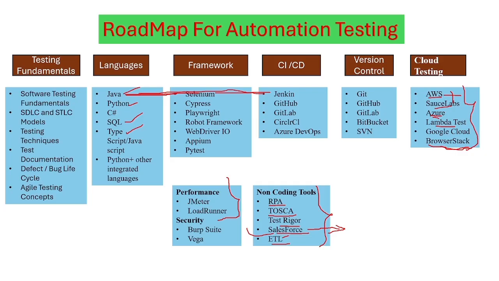ETL also has both: we can do ETL automation testing, and ETL manual testing with the help of SQL. These two are both, and these three are only for non-coders.